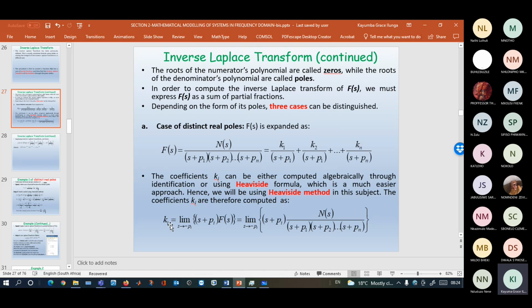We can say ki, with i from 1 to whatever, is equal to the limit of s minus pi, s plus pi, f of s, which is equal to the limit of the factor under the k we are looking for, times the function itself. Then we find the limit of that. So this is basically what we are going to do here.